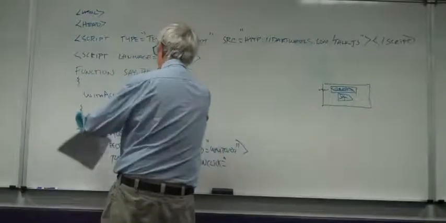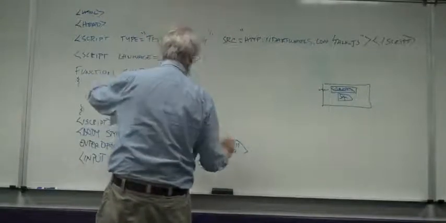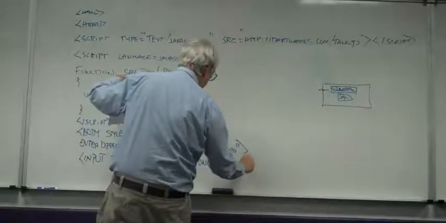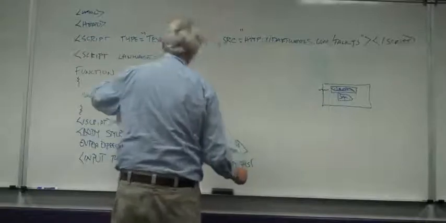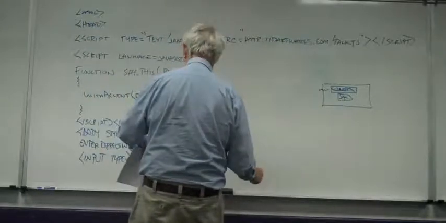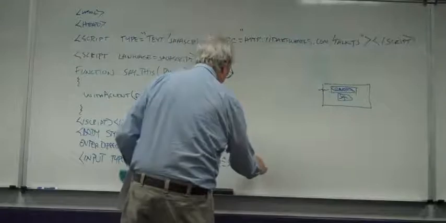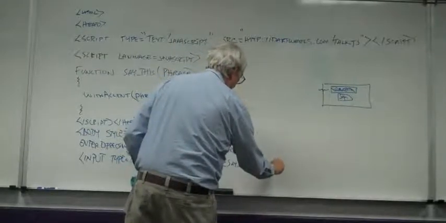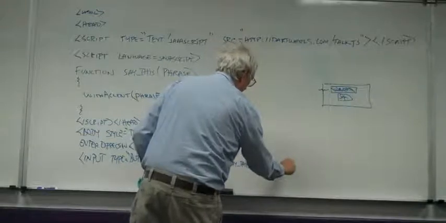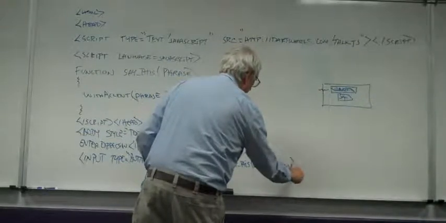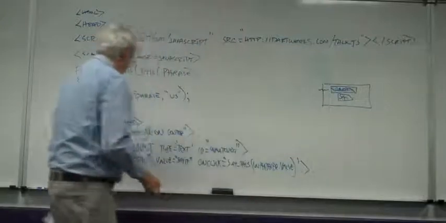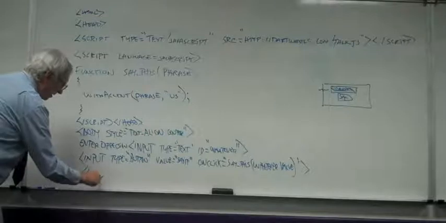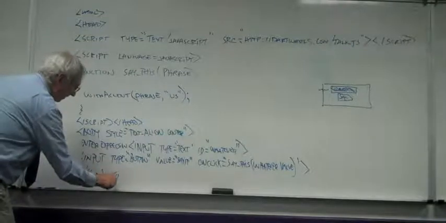I want to go to this function right here, which is say this. And I want to send the phrase up, and the phrase is whatever.value. There it is. That should do it. Slash body. Slash HTML. Okay.